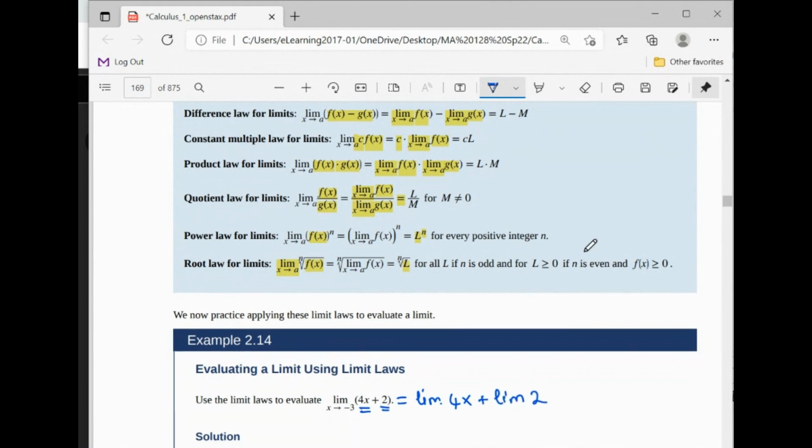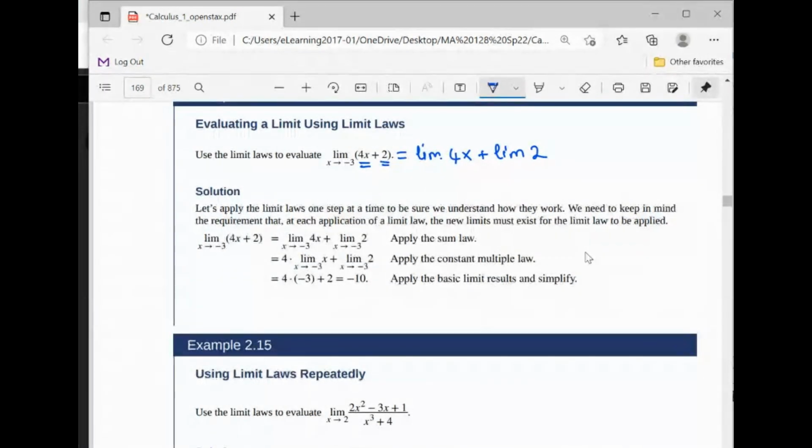So we can split this function, looking at the rules. And in the first case, if there is a constant multiplied, we can just take it out. So this is equal to 4 times the limit of x as x goes to -3, plus the limit of 2 as x goes to -3.